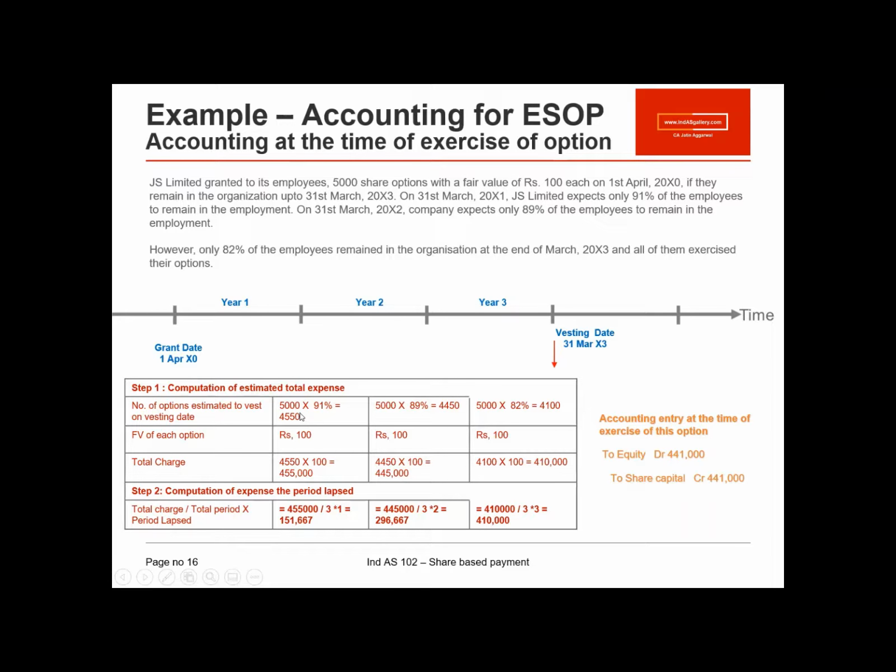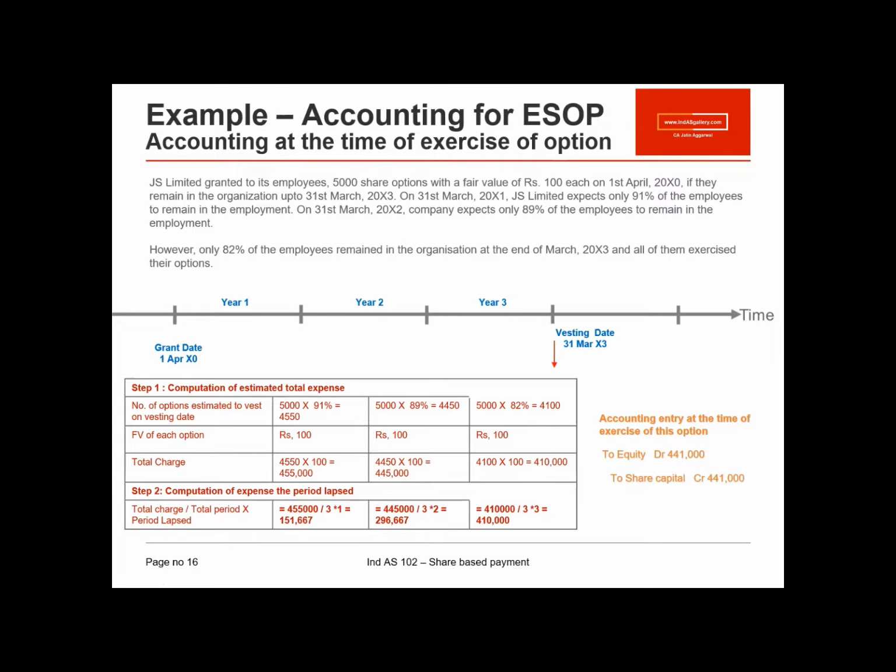So nothing changes if there's a performance condition also in this question. It's only the estimated number of options, which is 5,000 into 91%, 5,000 into 89%, or 5,000 into 82%. This estimation would change and the rest of the mechanics will remain the same.